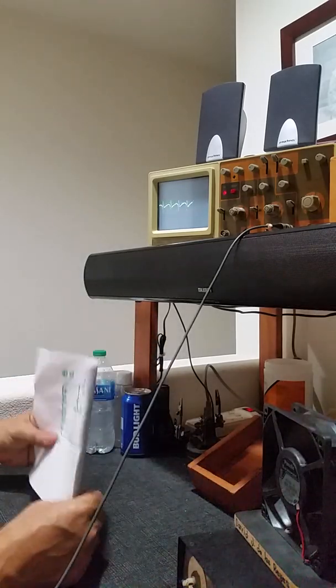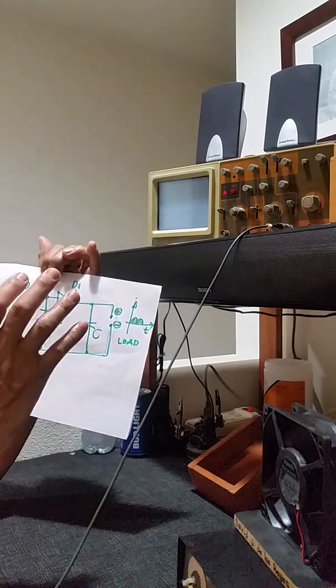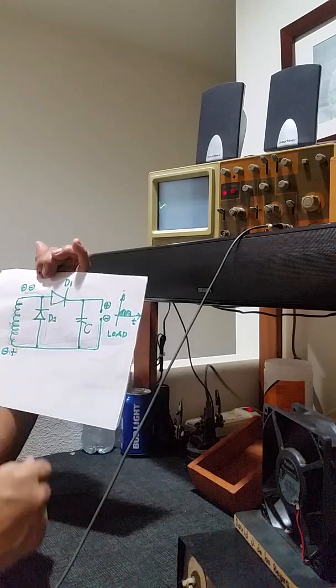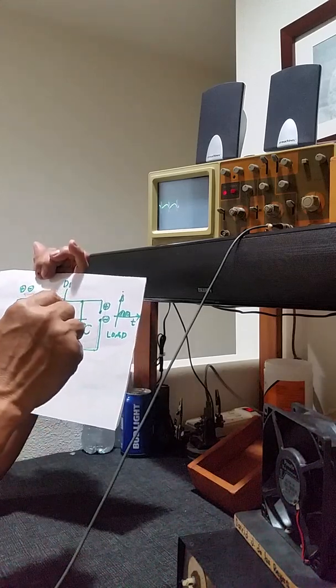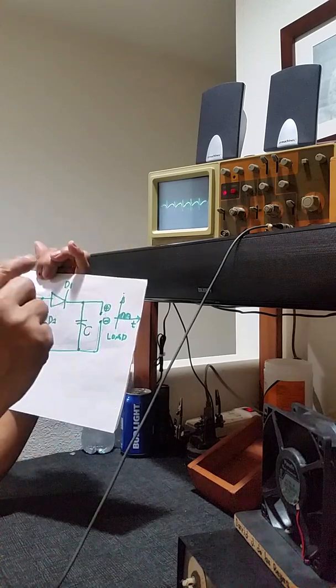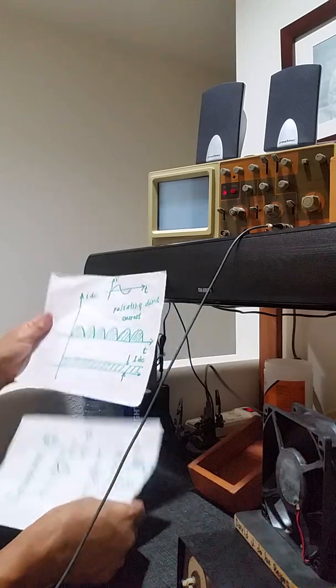The circuit inside the power supply is something like this. It's a full wave rectifier, meaning for the positive alternation there is an output, and for the negative alternation there is also an output. The figure is something like this.